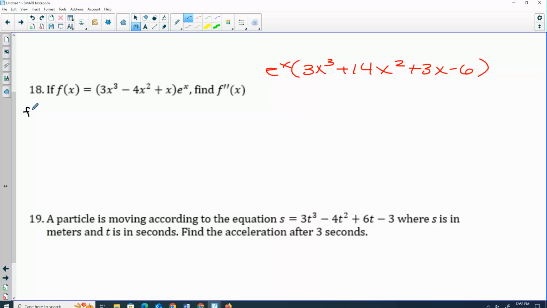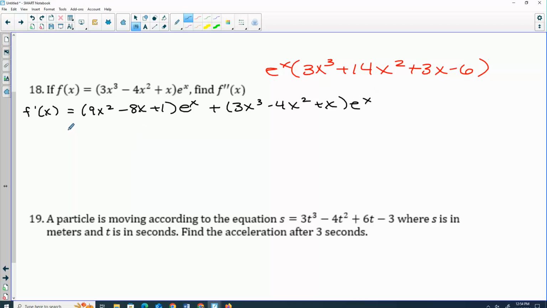So, first derivative, product rule. Derivative of the first, so 9x squared minus 8x plus 1 times the second plus the first times derivative of the second. Derivative of e to the x is e to the x. Now, what I chose to do, everything has an e to the x, so I took it out because I have to do a second derivative here. Now, if we take that out, we're left with all of this stuff.